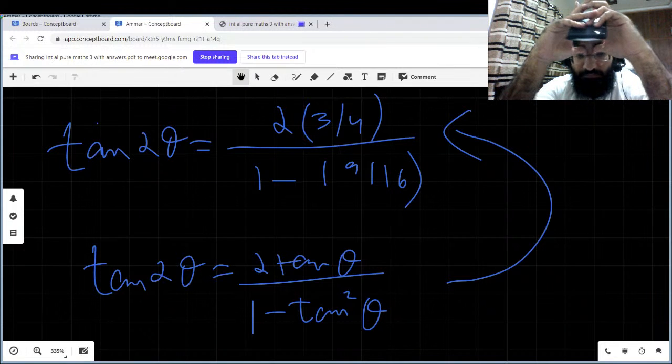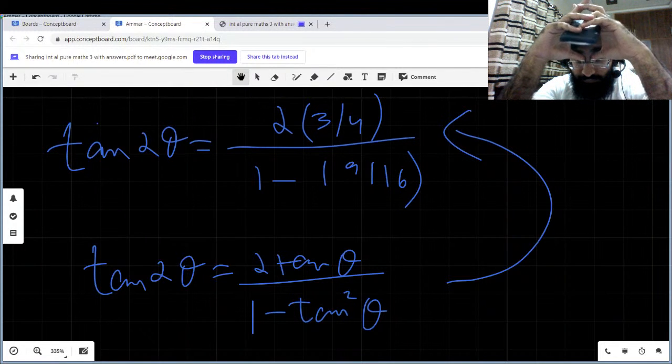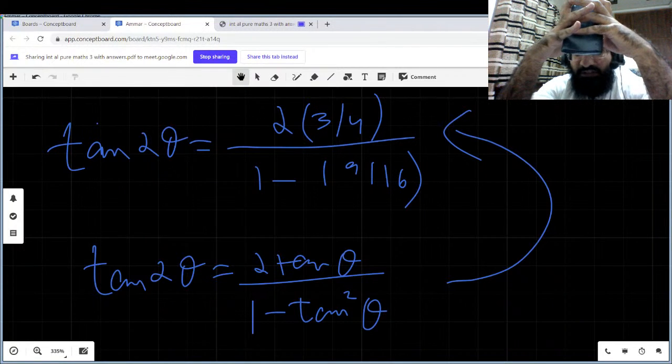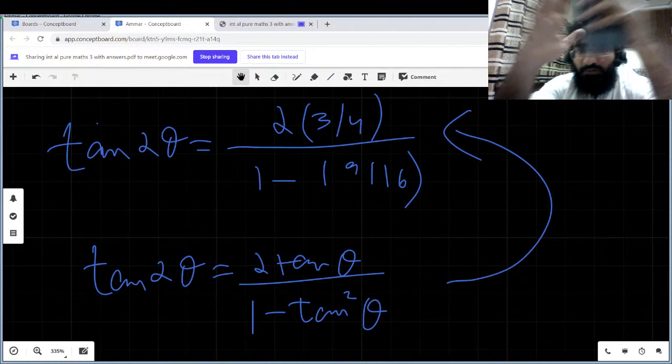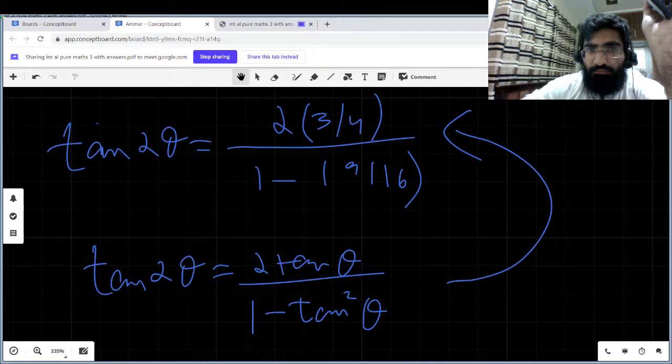How did you get tan 2 theta? Why did we do tan 2 theta? Gradient is tan theta, I agree. Why is it tan theta? Because tan theta is perpendicular over adjacent.